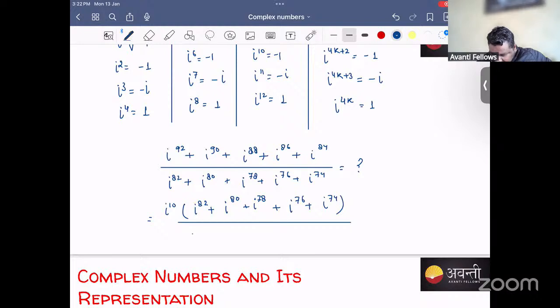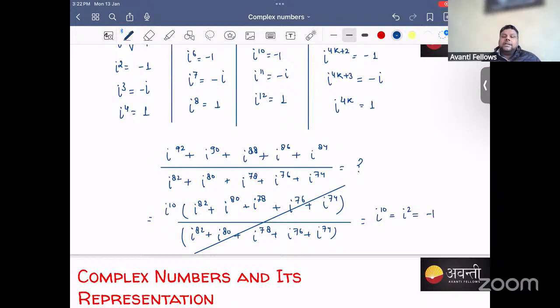And same is there in the denominator. So this numerator and denominator cancelled. You are left with iota to the power 10. That is also equal to iota square, that is -1. Understood?